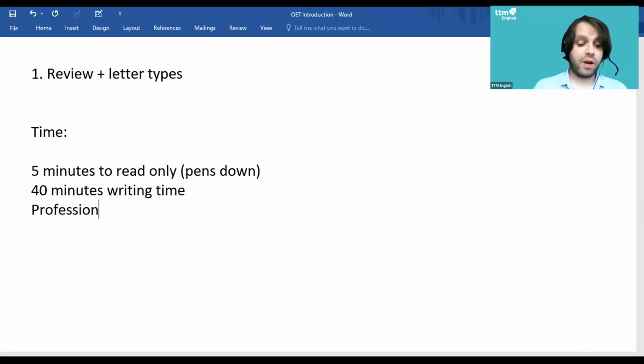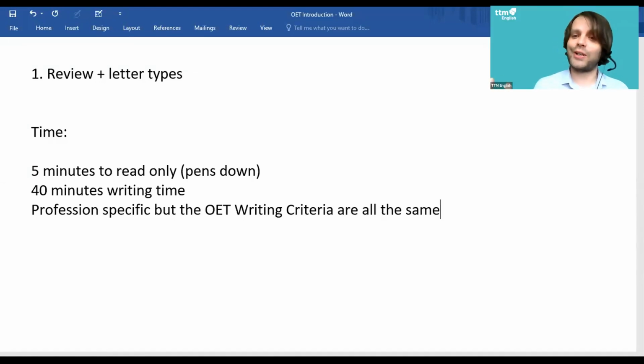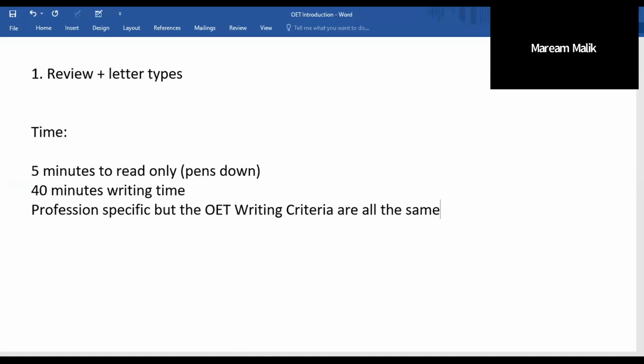That reminds me, though, it's profession specific, but the OET writing criteria are all the same. So that's good for teachers like me. I don't have to learn doctors' criteria, nurses' criteria, physio criteria. I just learn one set of criteria. So this is basically what you're dealing with. You have 45 minutes in total, 5 minutes to read with pens down, 40 minutes of writing time.